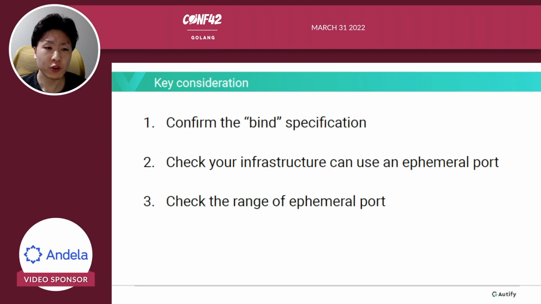In that case, you can't bind an ephemeral port because automatic assignment reserves them. Third, you'd better check the range of ephemeral ports. Considering a network firewall setting may be necessary if you use this capability on a remote server.